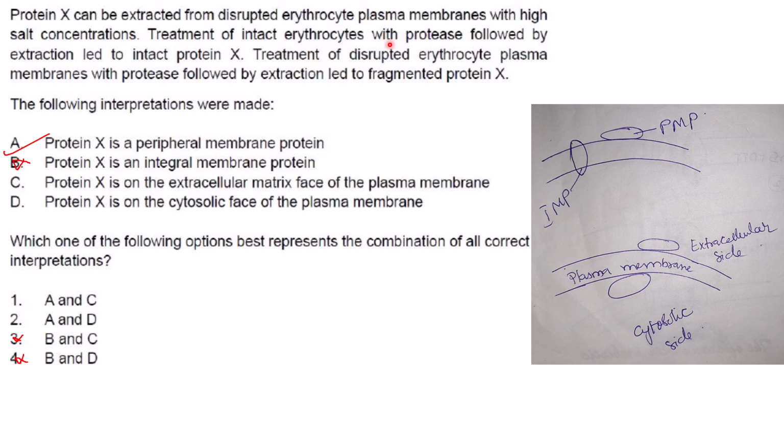And once you extract it with high salt concentration, you are not going to get an intact protein X. Now, if the protein is on the cytosolic side, it will be protected from protease because it is on the cytosolic side and intact erythrocytes have been used. So it will be protected from protease and you will not get a disrupted protein X. Okay.